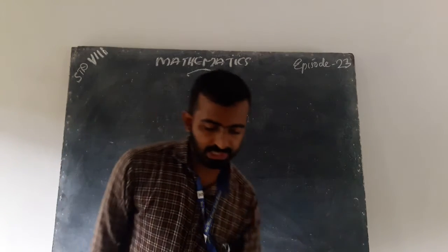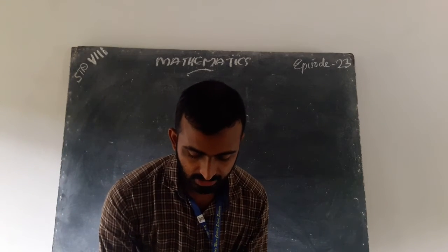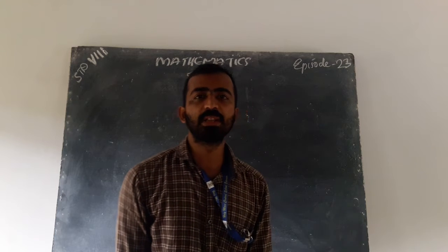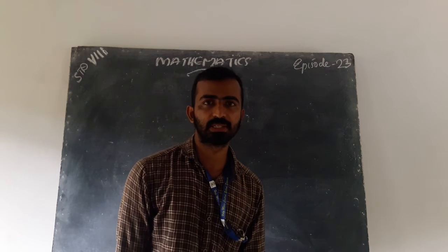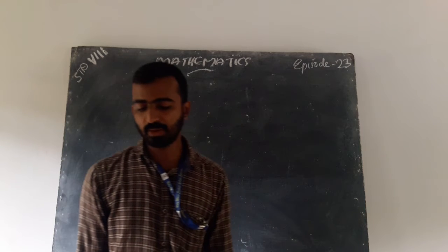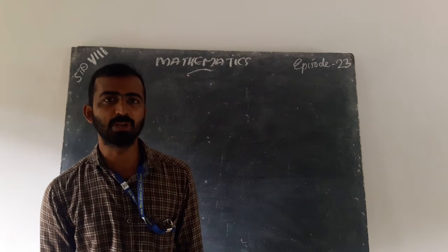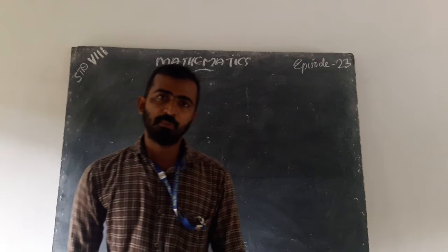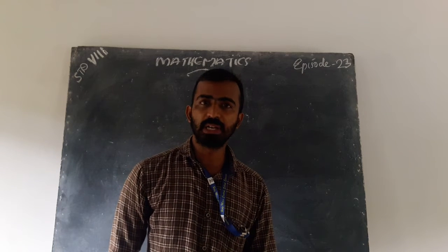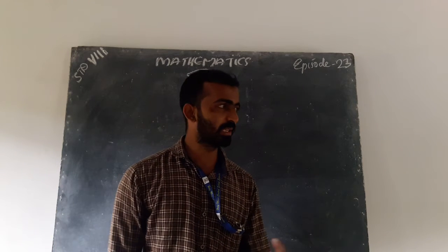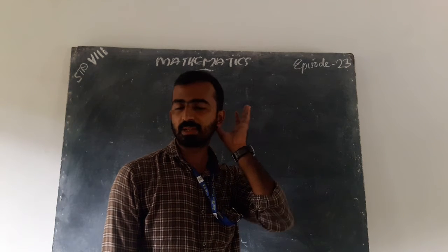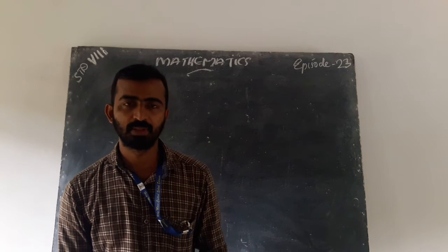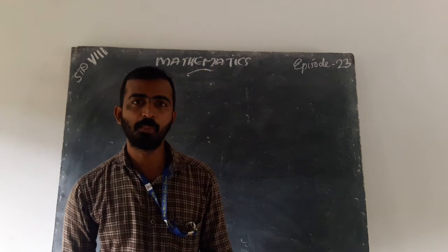Data handling means, we already studied the mean, median, mode in previous classes. That is, mean is average value, median is middle value. We arrange the data in ascending order and we find the middle value.